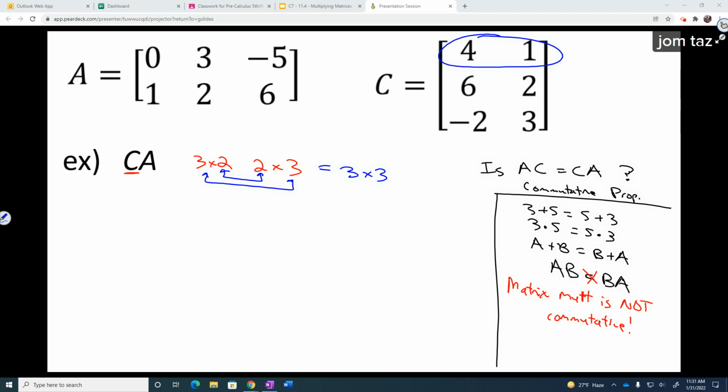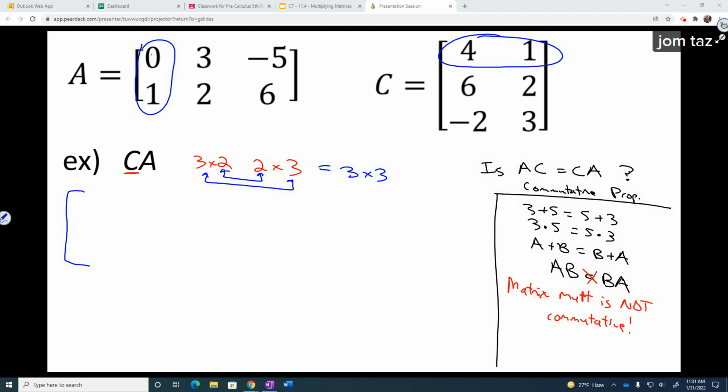C is first, so we're going to do its rows times the columns in A. And also notice that there are 2 in this row, and it matches 2 in this column. If you ever try to do it, and it doesn't match the same number, then you'll know that it's not defined. Because this has 2 in the row, and this has 2 in the column, it will work out. This is going to be a 3 by 3, so a little bit more space.